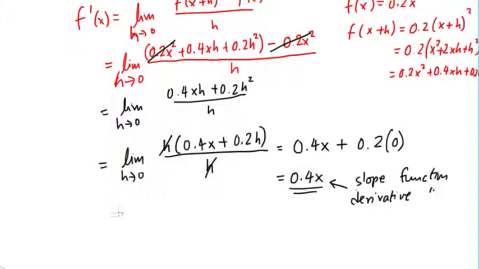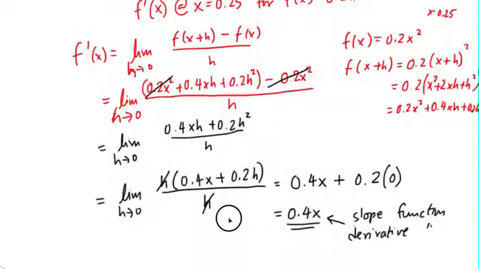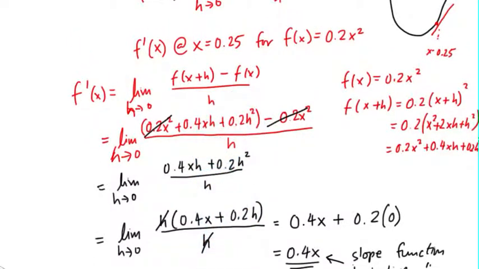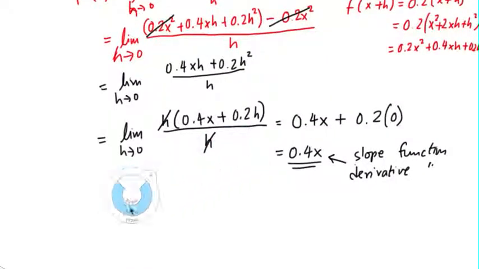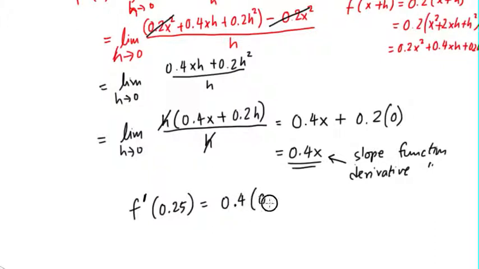Now the point that we were interested in was x equals 0.25. So f prime, the derivative function, for this function at 0.25 is equal to 0.4 times 0.25. All you have to do once you find the derivative function is plug in the x value that you want.